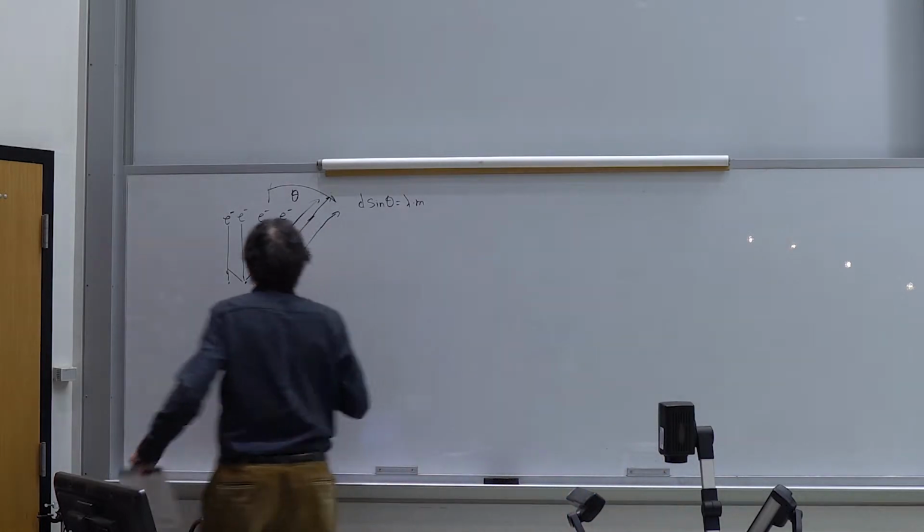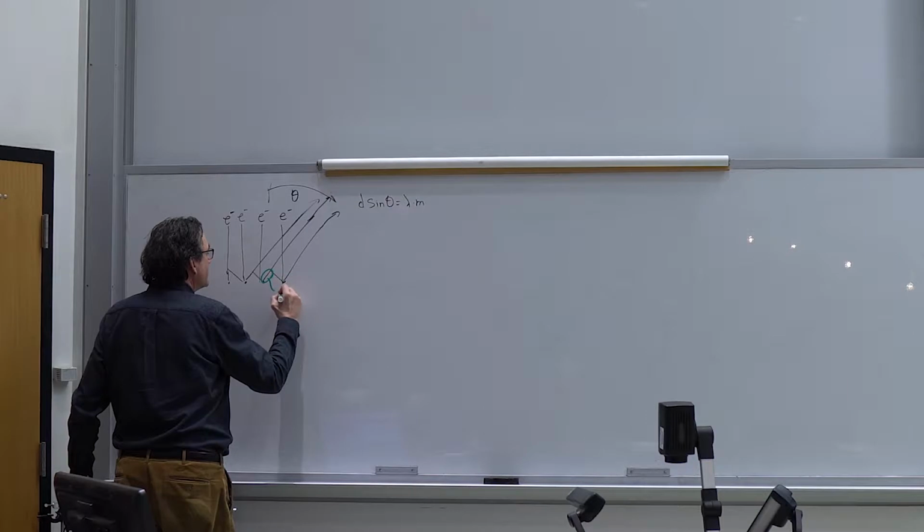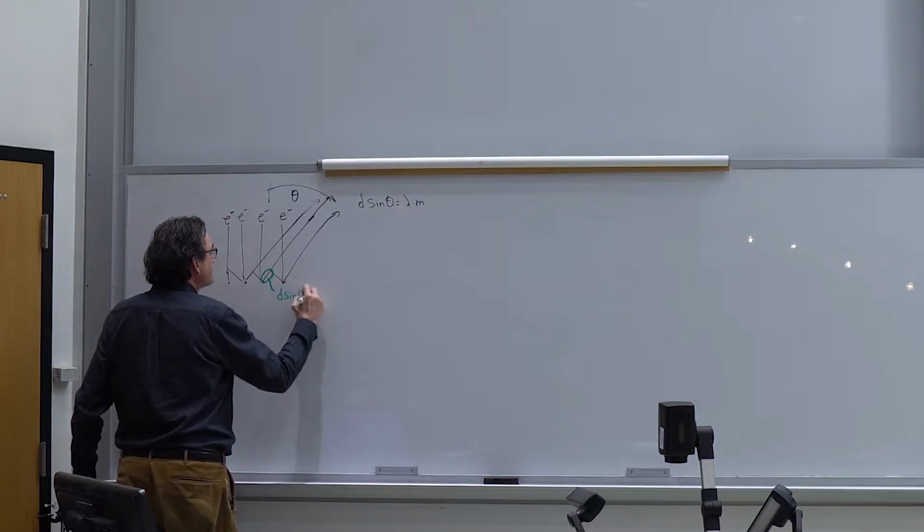This path difference is what we call d sine theta. Right? That's the extra path difference.